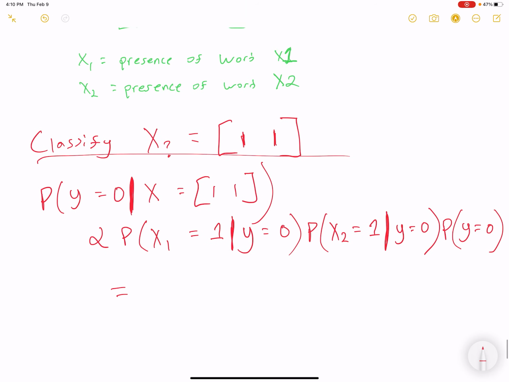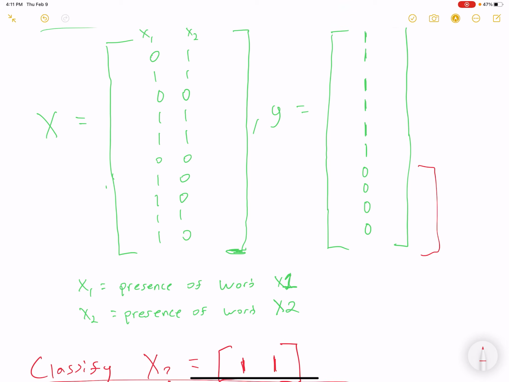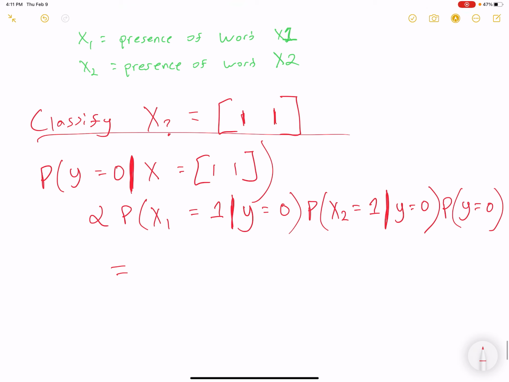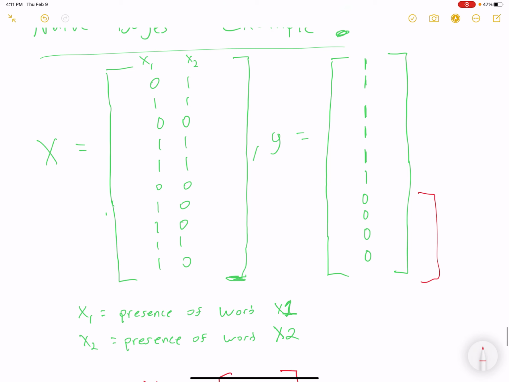What's the probability that x1 equals 1 given y equals 0? Well, there's 4 data points where y equals 0. What's the number of data points where x1 is equal to 1? All 4 of them are 1 when y equals 0. So this probability is 1, times, let's do the same thing for x2. What's the probability that x2 is equal to 1 given that y is equal to 0?